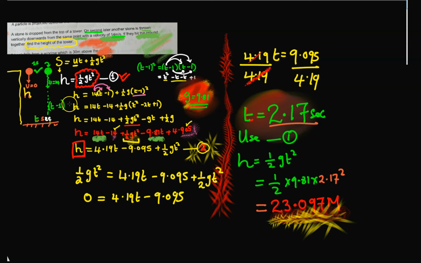Then we formed the first equation using the equation of motion, h equals half gt squared.